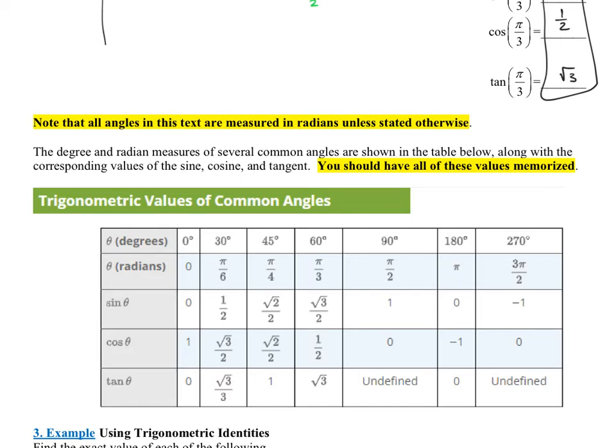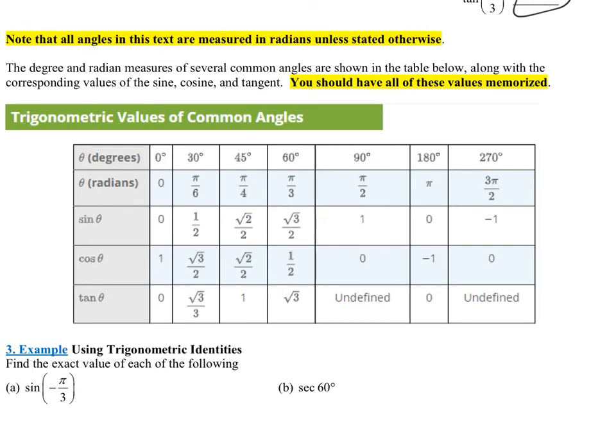You might notice that a couple of those tangent values are undefined. Why would those tangent values be undefined? Well, think about it. Tangent is sine over cosine, and you can never divide by 0 in a fraction. So anywhere your cosine function is 0, your tangent function is going to be undefined. Likewise, if you looked at cotangent, anywhere sine is 0, your cotangent function would be undefined.